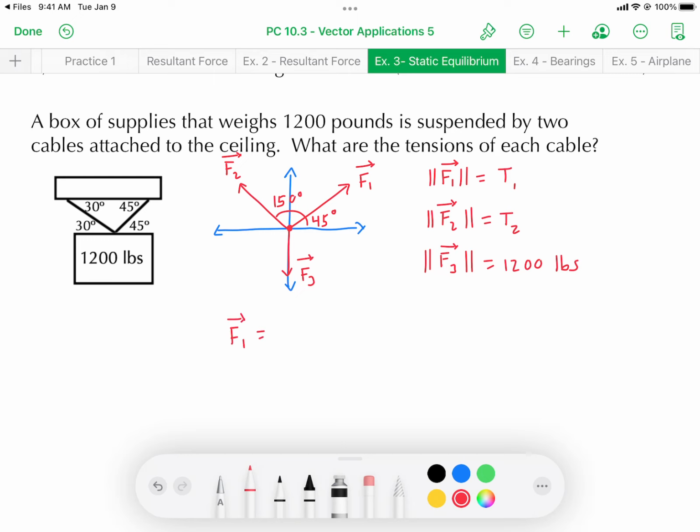Vector F sub 1: its horizontal component would be T1 times cosine of the direction angle 45 degrees, and the vertical component would be T1 times the sine of 45 degrees. That tension is a common factor between both components, so I'm just going to write it out in front: T sub 1 times cosine of 45 and sine of 45.